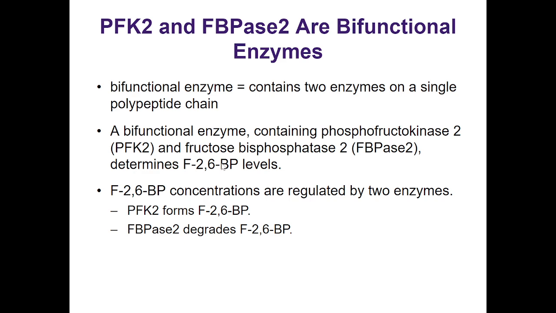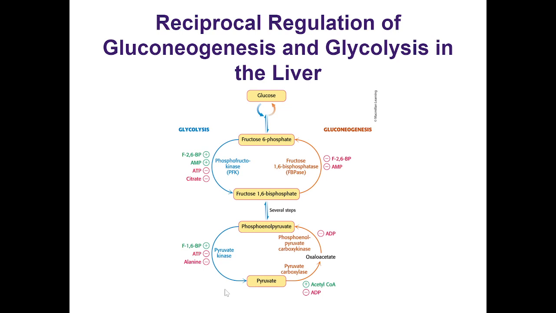This is going to determine the F26BP levels, which will then regulate this overall pathway right here. Because if we can increase and decrease these levels here, we can increase and decrease the activation and inactivation of this.